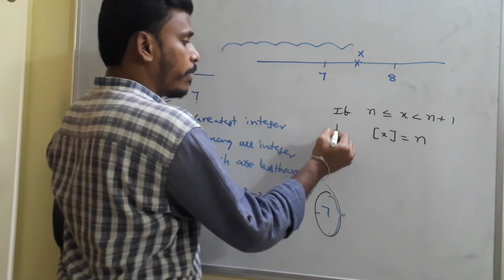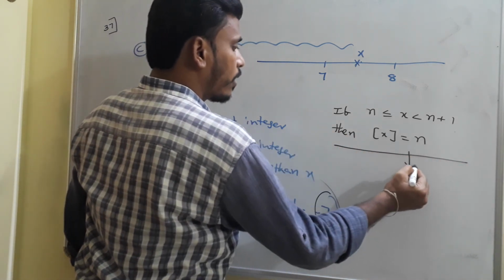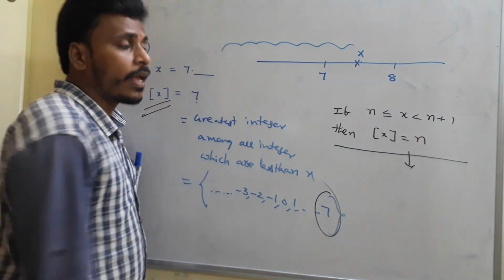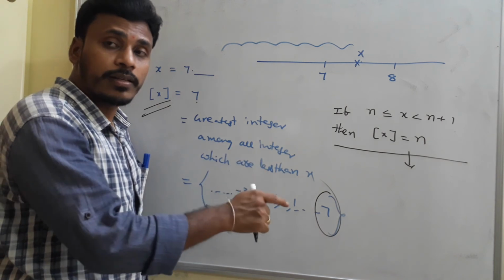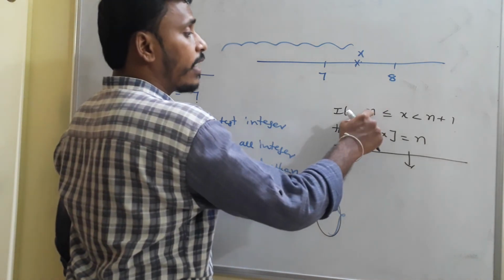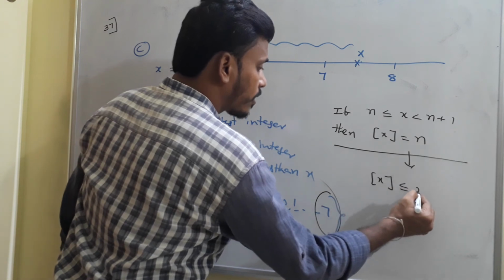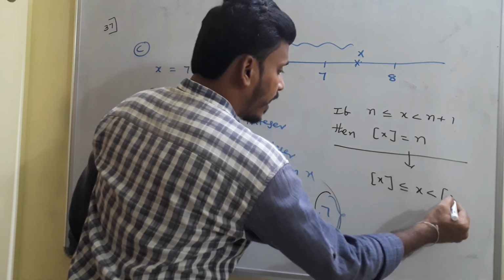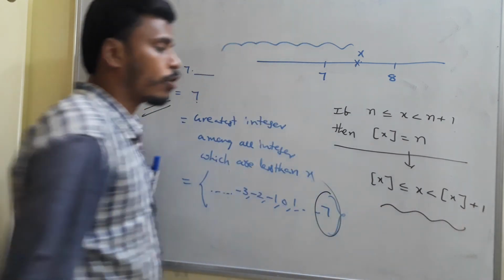Okay, so this is the basic definition, and from this we may conclude that step x is equal to n when x is a number which is in between n and n plus 1. In that case, step x is n. When you replace n with step x now, you have an inequality. Step x is less than or equal to x less than step x plus 1. A direct inequality from the definition of step.